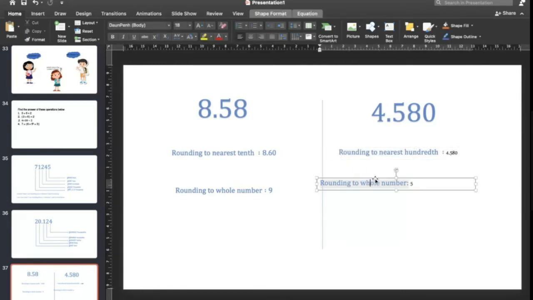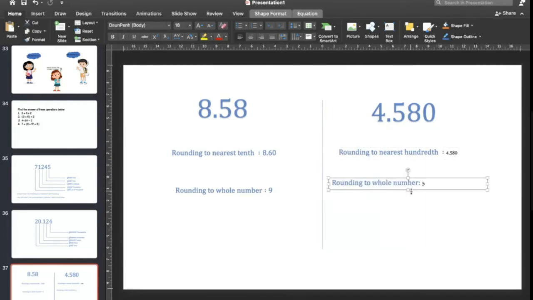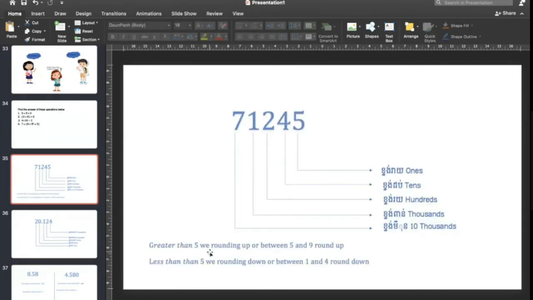Do you want to add any comment or anything? Please raise your hand. Sure, I have a question. I see the concept is that if the digit is greater than 5, we round up to the target digit. But I see the number is 5, not greater than.